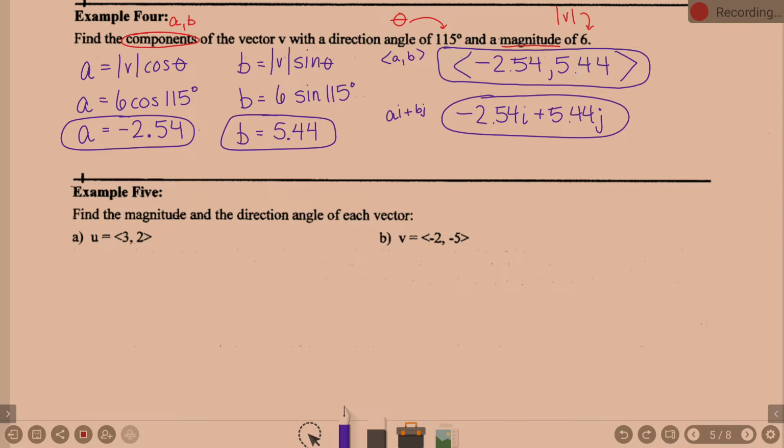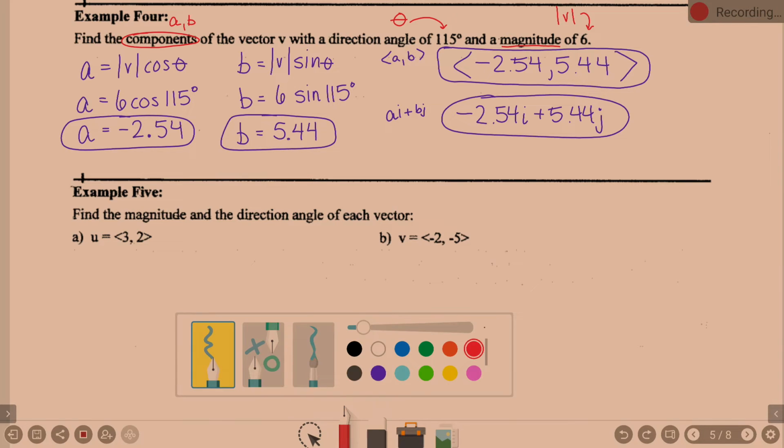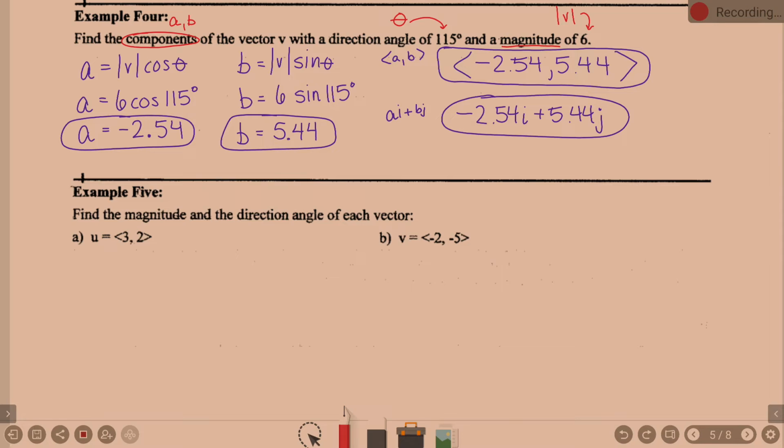Okay? Example 5 asks us to find the magnitude and the direction angle of each vector. Magnitude and direction angle of each vector. And example A is the vector 3, 2.